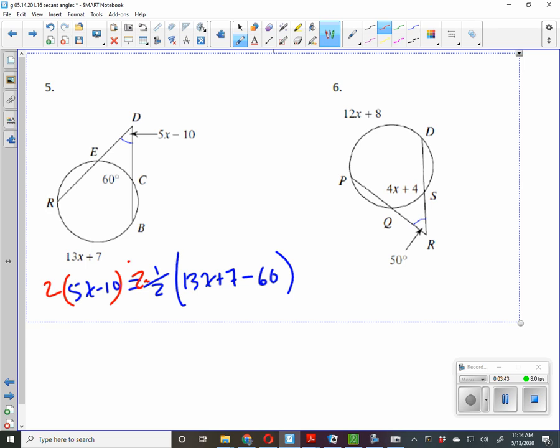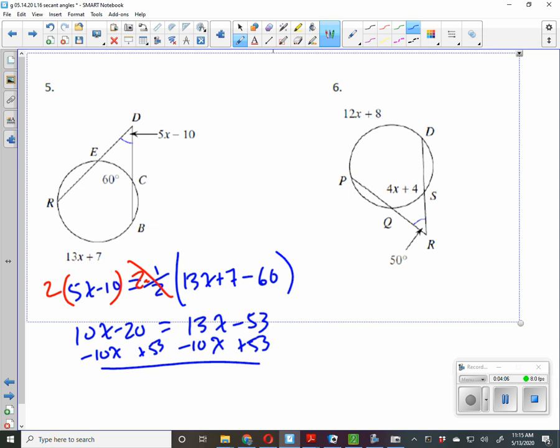When I multiply by 2, that 1/2 will go away, and I end up with 10x minus 20 is equal to 13x minus 53. Collecting like terms, subtracting 10x, adding 53 gives me 3x is equal to 33. Therefore, x has to be equal to 11. All right, so that wasn't so bad.